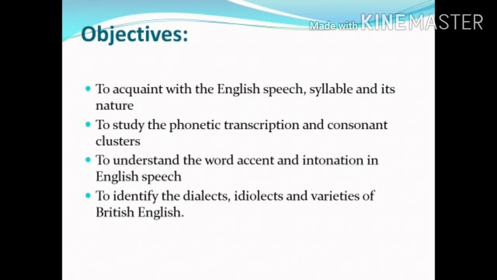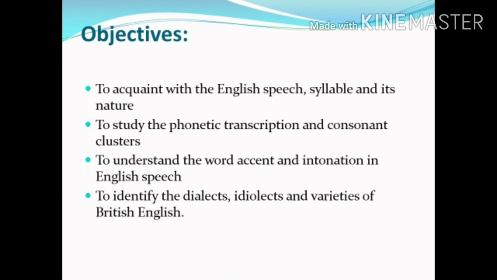So before we start discussing modern English structure and an introduction to English speech sounds, let us first know about the objectives of this paper. The first objective set by the university is to acquaint with the English speech syllable and its nature.